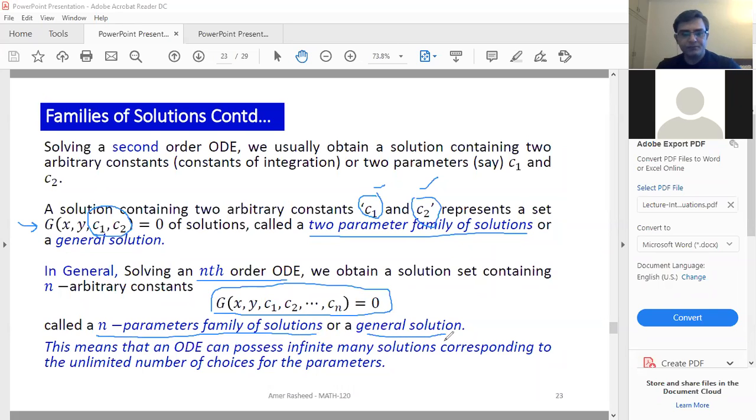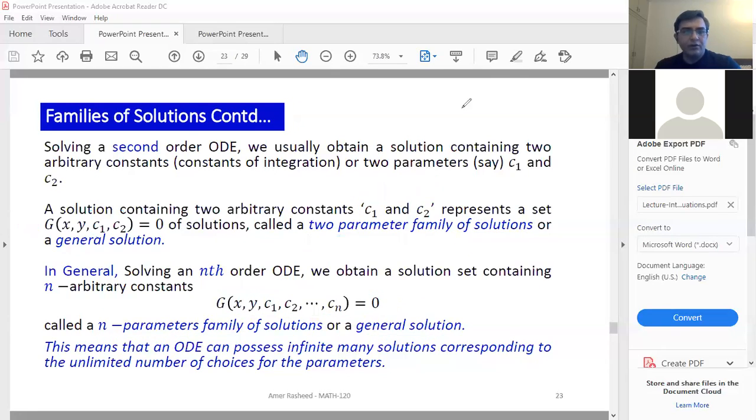I hope you got it. And these are infinitely many solutions for different values of c. All these constants of integration belong to R. They are real numbers. So we have infinitely many solutions. That's why we call it a family of solutions. I hope everything is okay with you. If you have any question, you can ask me.